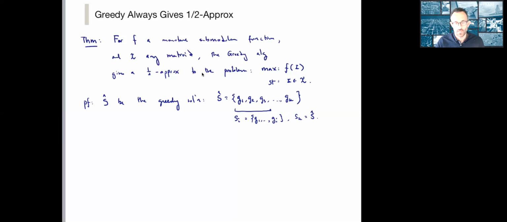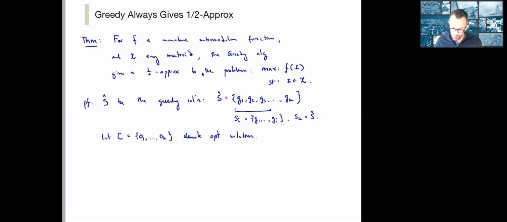And again, to match the notation of the previous lecture, let C be the optimal solution, and I'll use O1, O2, etc., up to OK, to denote the optimal solution. So note that I wrote G1 to GK and O1 to OK. I used the same index, but we get this basically by the Matroid constraint and by monotonicity.